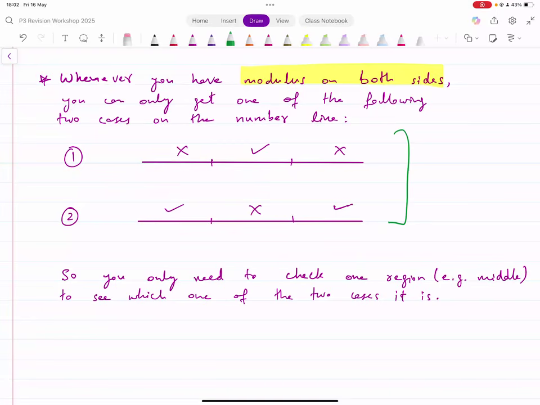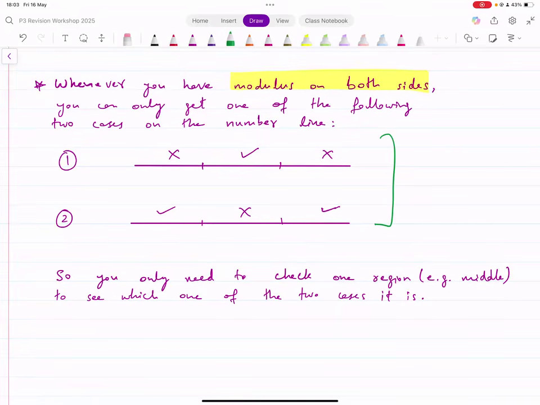What are the 2 cases? Either the middle region will be correct and the regions on the sides would be incorrect, or the middle region will be incorrect and the regions on the sides will be correct. These are the only 2 possible cases that you get when you have modulus on both sides. So in this case, you can just check, for example, the middle region. If that turns out to be correct, that means it's the first case.